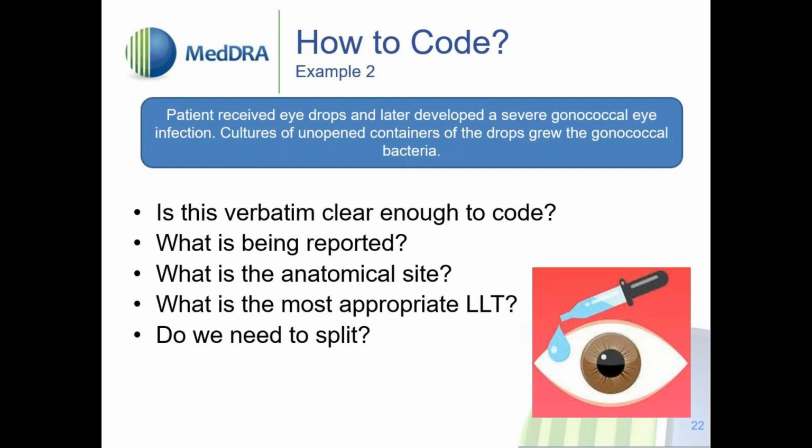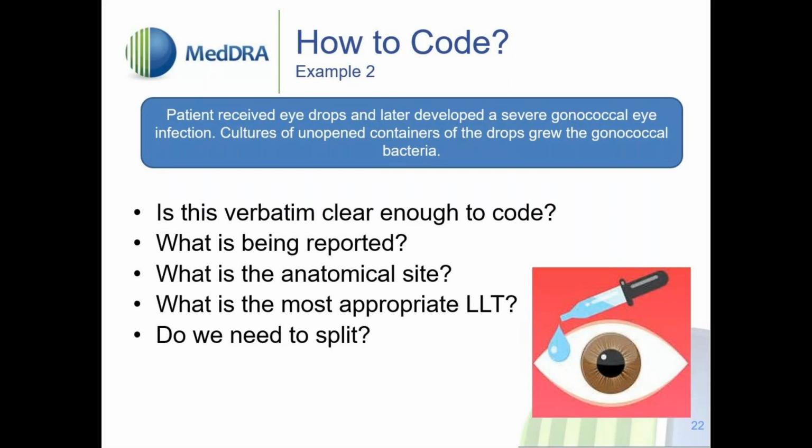They're telling me that cultures of the unopened container of the drops, the drops that she got, were taken, and they grew gonococcal bacteria. That leads me to think there's something wrong with the medicine or the drops themselves, because the unopened container grew an organism, gonococcal bacteria. So let's keep all of the facts and the sequence of events in mind.